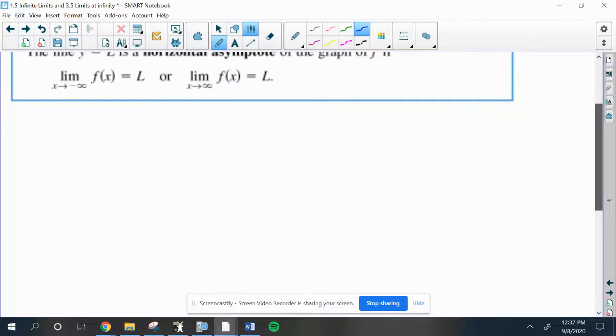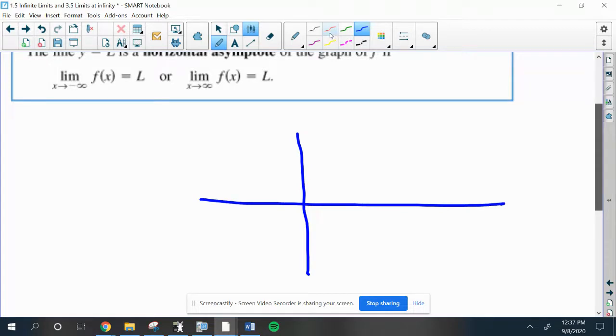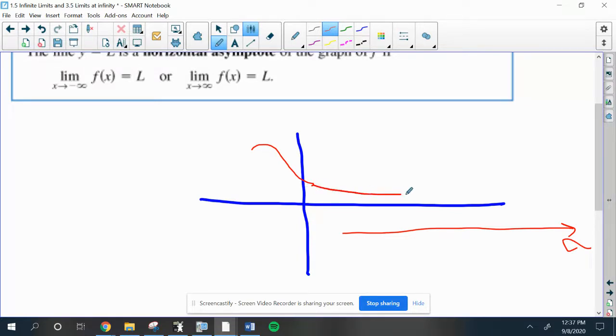And it makes sense if you think about it. So I have this function here, and I don't care what the graph looks like, but say your x is going all the way to infinity. If your graph approaches a single number, say 1-ish, then by definition, that's a horizontal asymptote.